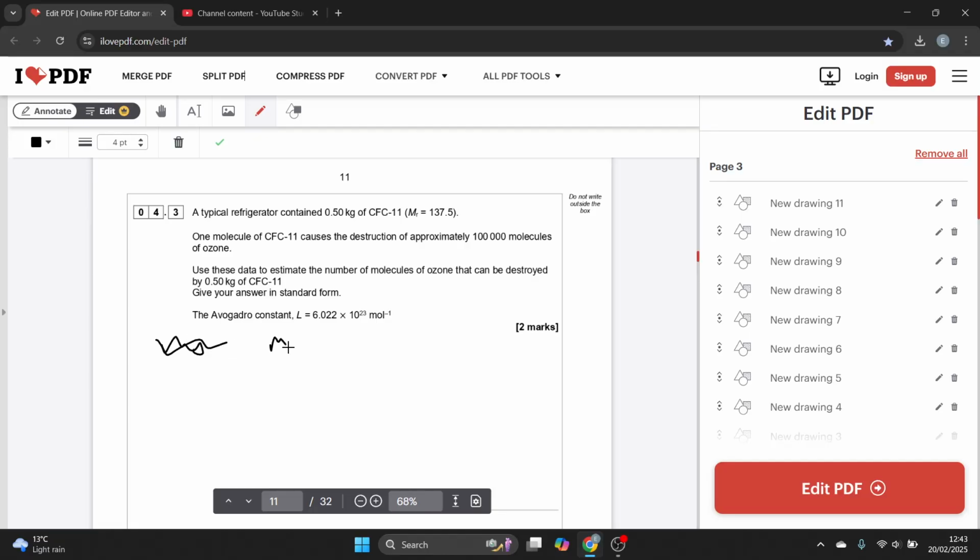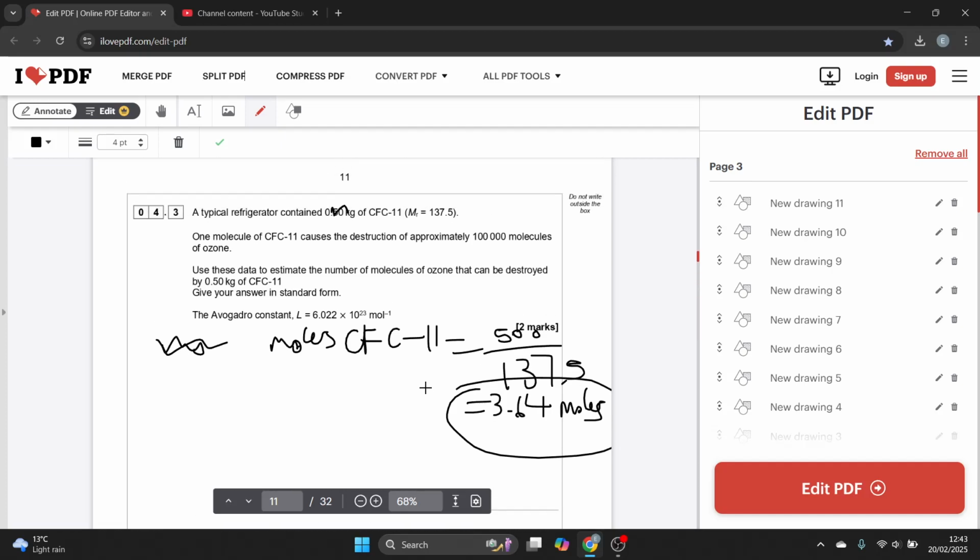I'm not fully sure what I'm doing right now, but I know I can find the moles, and that's definitely going to help me. Over 137.5, which is 3.64 moles. Perfect. And that will probably give me 1 mark, right?